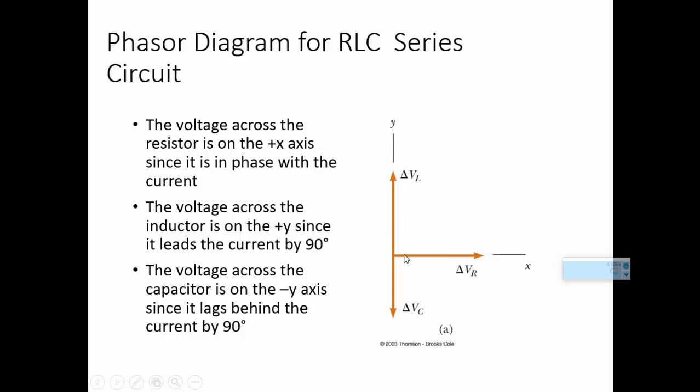And here we can plot the voltage across the capacitor with reference to this current on the x-axis. The current leads the voltage across the capacitor by 90 degrees, meaning the capacitor voltage lags by 90 degrees. And this is exactly what I'm explaining right here.